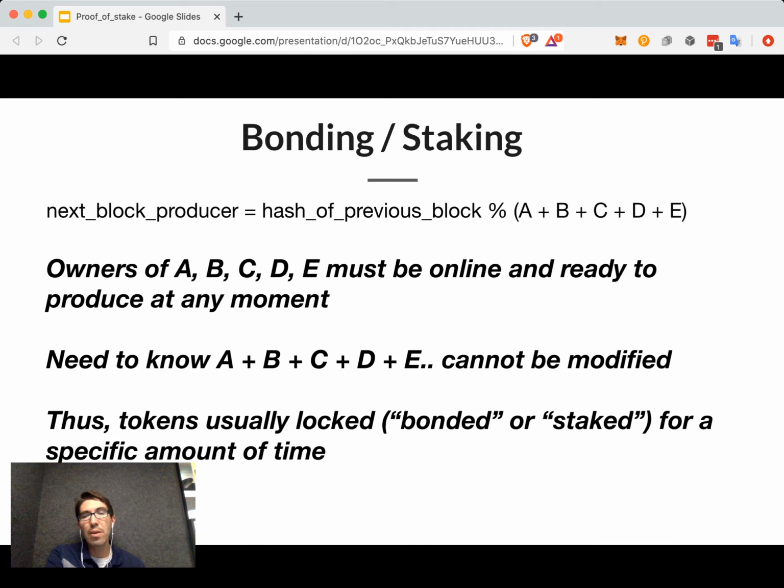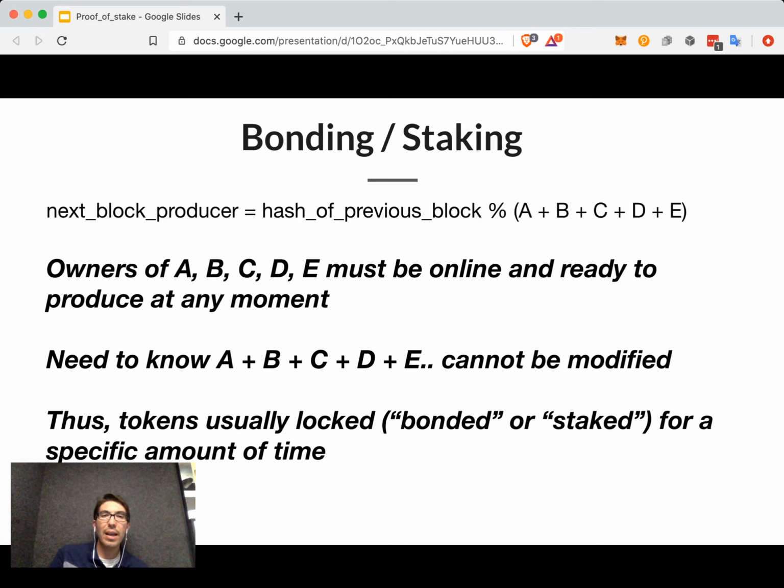So generally in proof of stake, tokens are actually locked for a specific amount of time, so that the system knows that these are the list of potential block producers. This is generally a subset of all the tokens on the system. Generally not all of the tokens on a system are used for bonding and staking, especially since that would mean that they would have to have a node online ready to produce a block at all times.